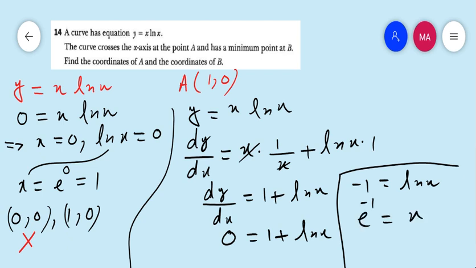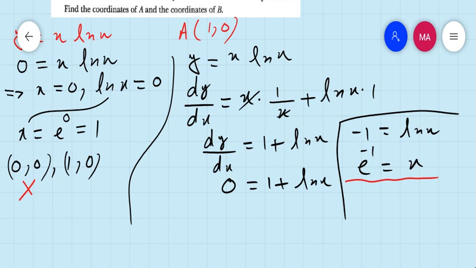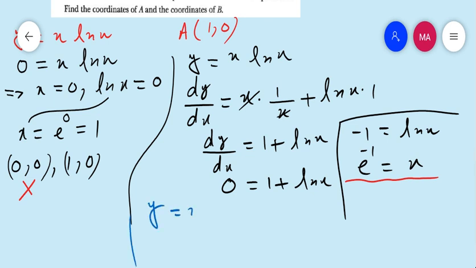So x equals e to the power minus 1. Put this value in the given equation. Our equation is y equals x ln x. y equals x is e to the power minus 1, dot ln of e to the power minus 1.